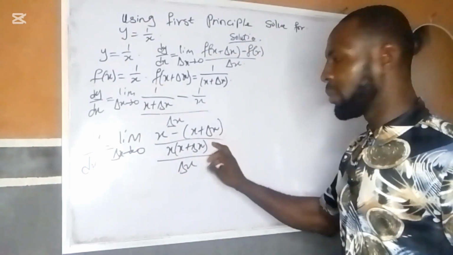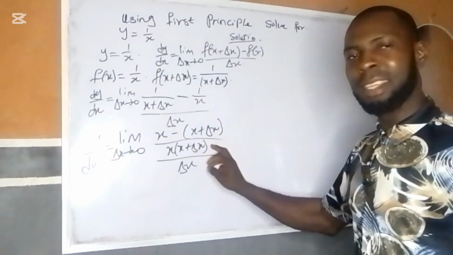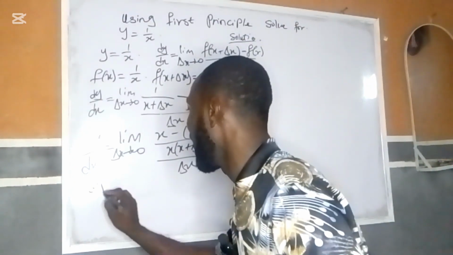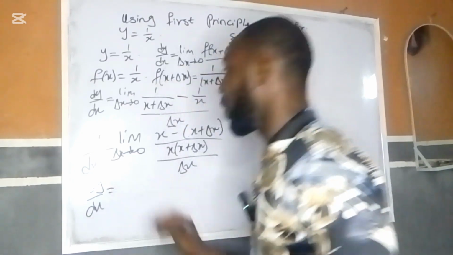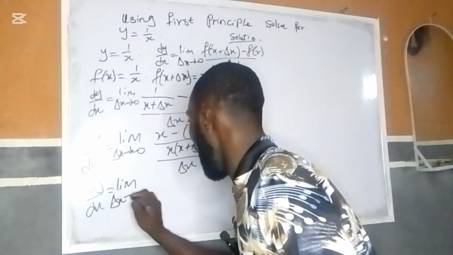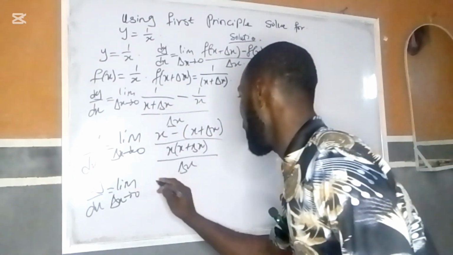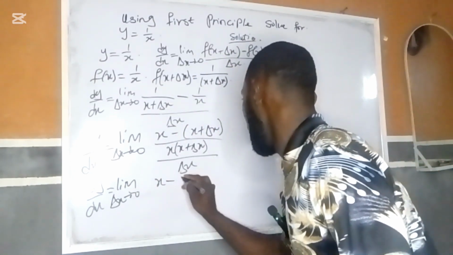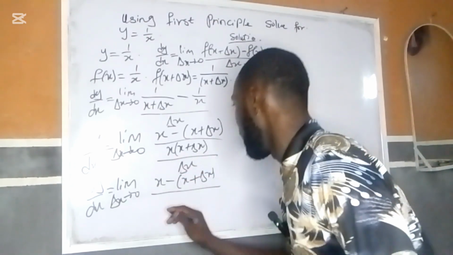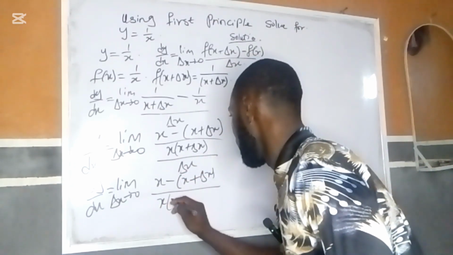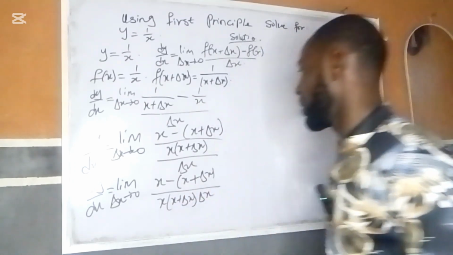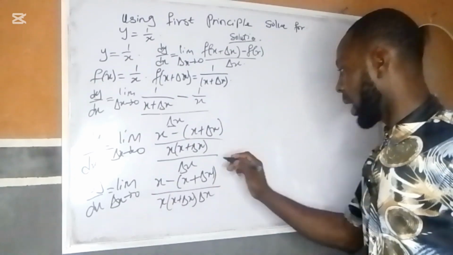Now we are free to bring this guy down. So we have dy/dx is equal to the limit as change in x approaches 0 of x minus x plus change in x all over x into x plus change in x, then change in x. We have this guy like this.